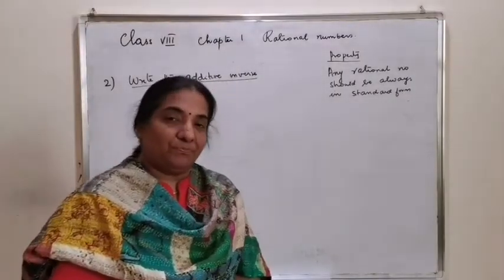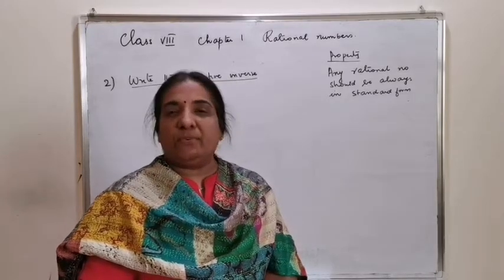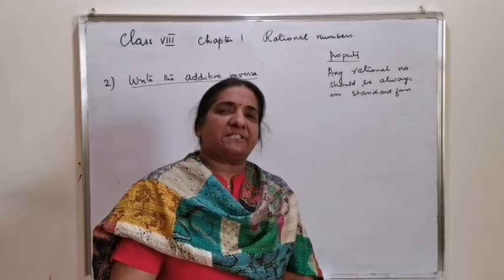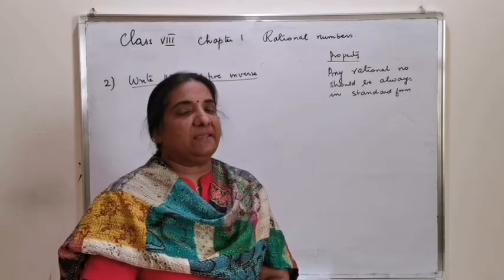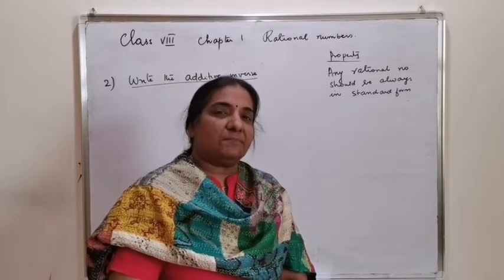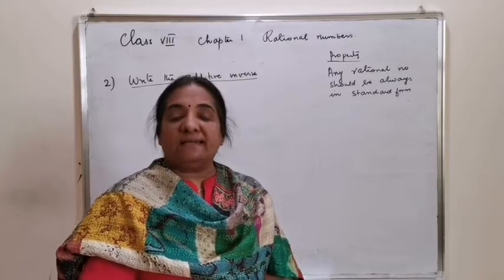Before question number 2, let me explain a very important property of rational numbers: every rational number should always be in the standard form, or when any rational number is given to you, you must express it in the standard form.